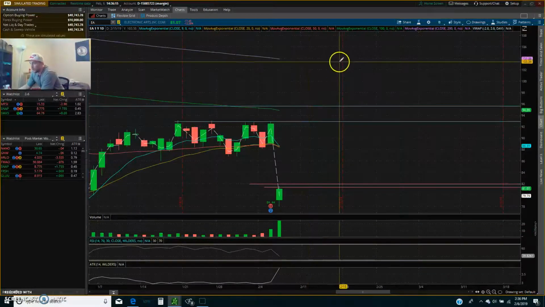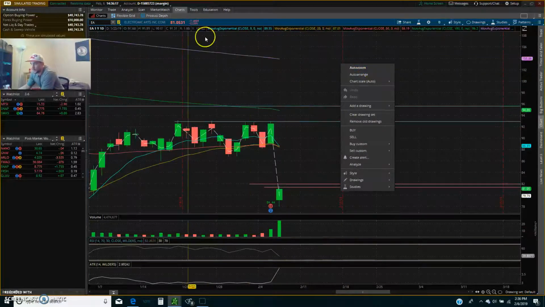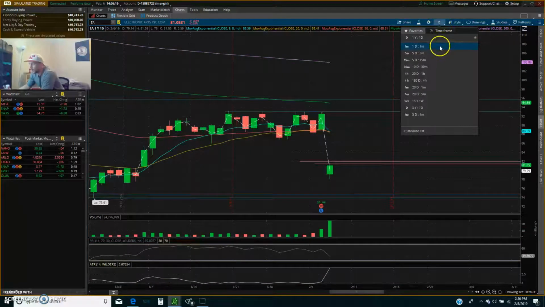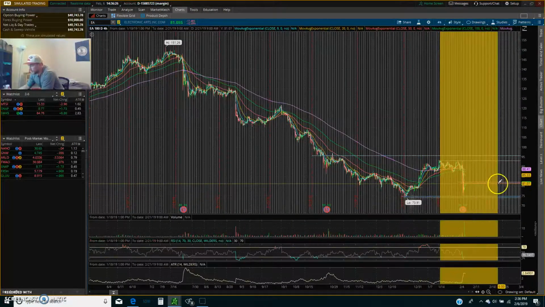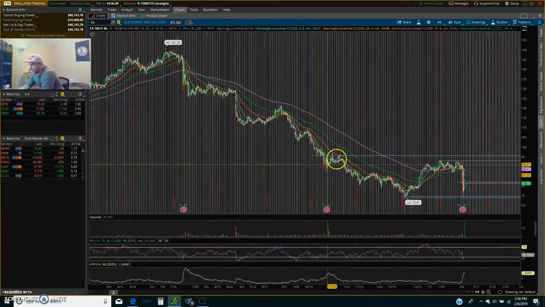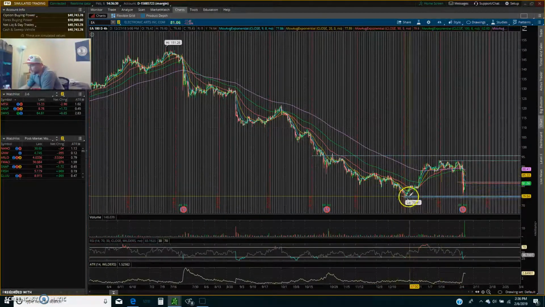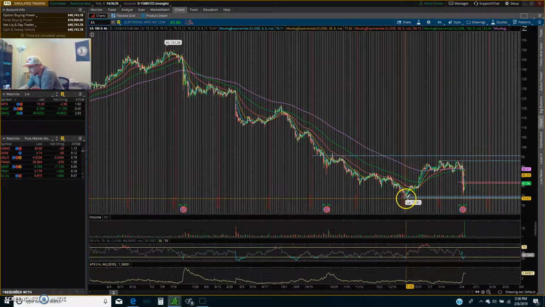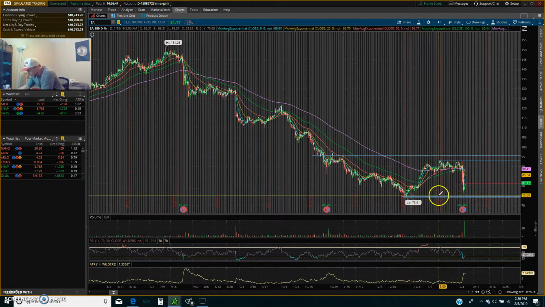All right, with that covered, we're going to talk about what I was looking at coming into this trade. It was gapping down, and I marked off the next level of possible support that I thought it had, which would be back here, late December, and I marked off two levels down there.